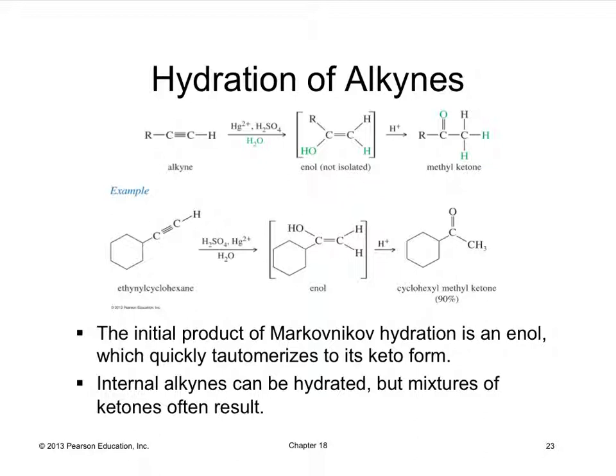The initial product is from Markovnikov addition, which will then tautomerize. Internal alkynes can be hydrated, but mixtures of ketones often result, so you want to make sure you use terminal alkynes.